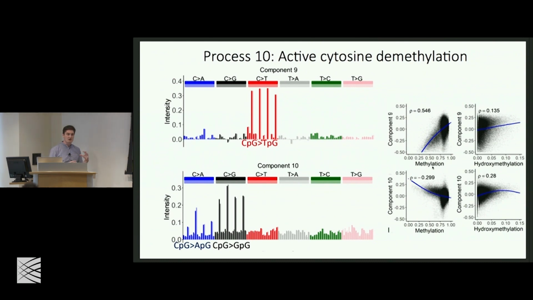And so from this, another test, we thought about this new process as active in low methylated regions and in regulatory regions. These regions are low methylated because there is a process of active demethylation, and due to this active demethylation, we observe this mutagenic effect.